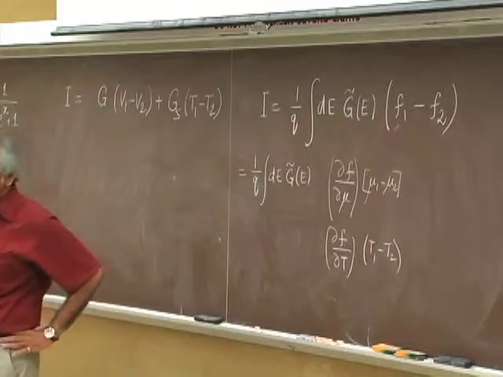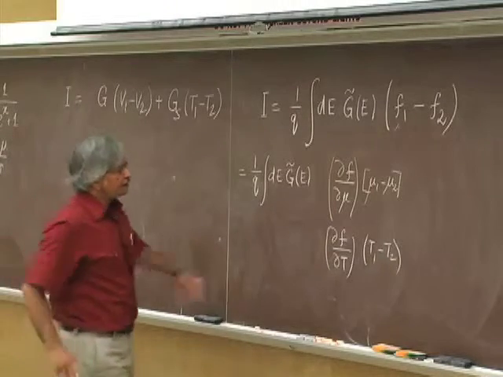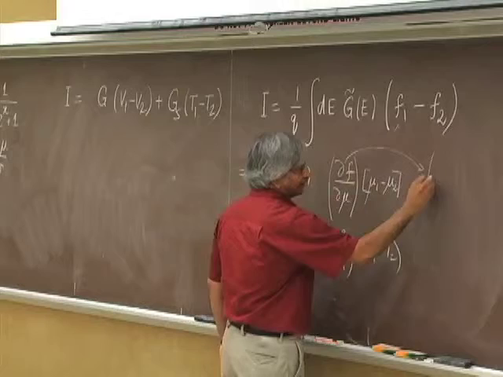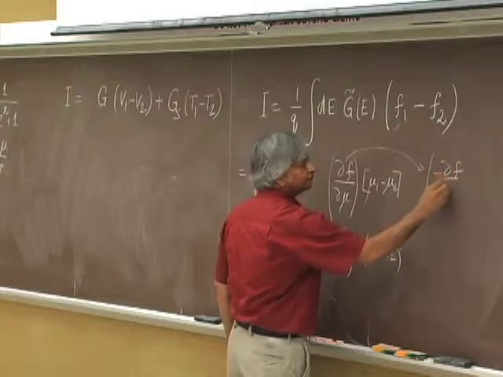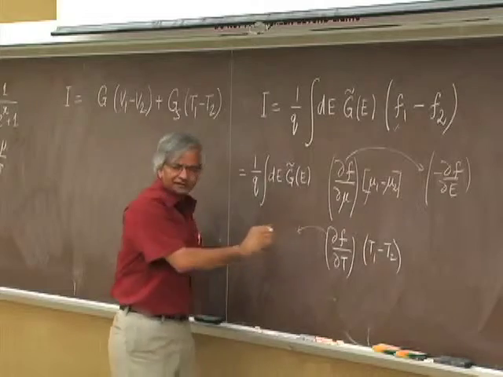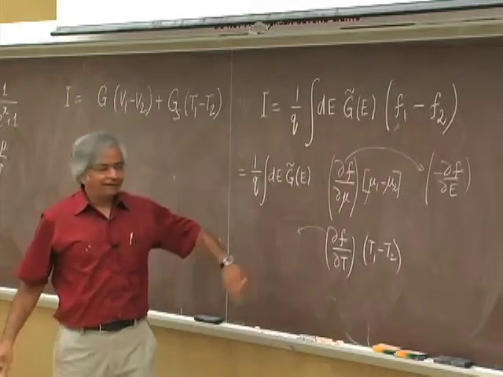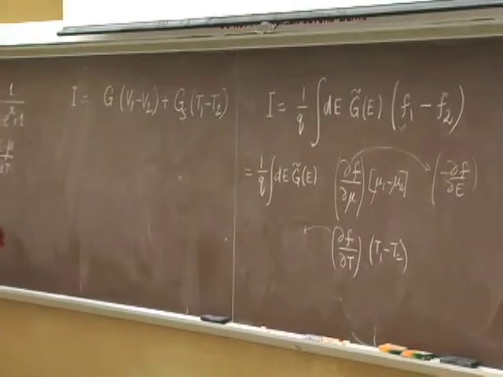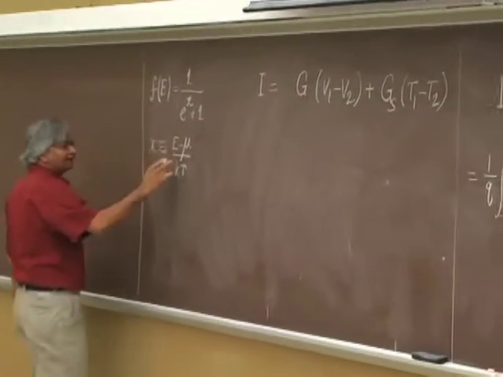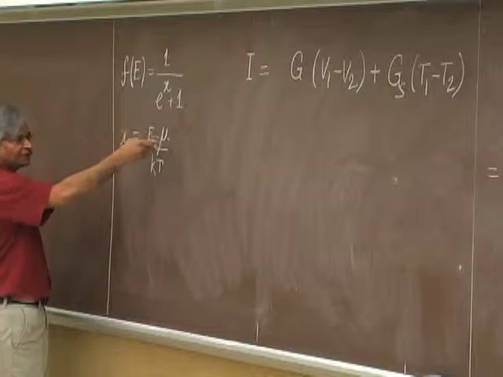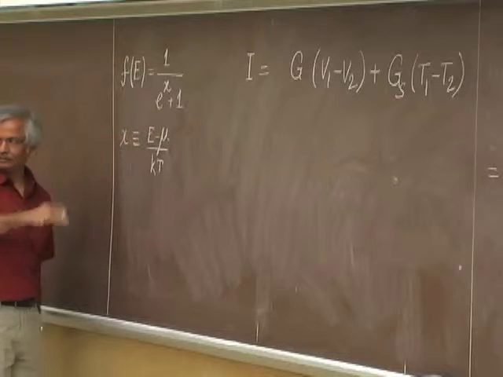That's it. And the thing is, here it was relatively easy to turn this into minus del F del E. Here also you can do that, but it takes a little more thinking. For the mu case it is very easy because the Fermi function goes as E minus mu, so if you take the derivative with respect to mu or E, there is just a minus sign between them.